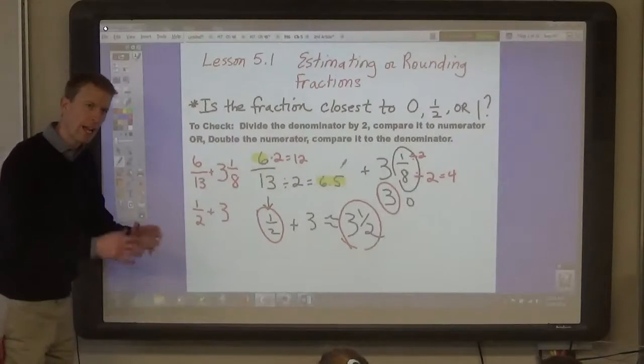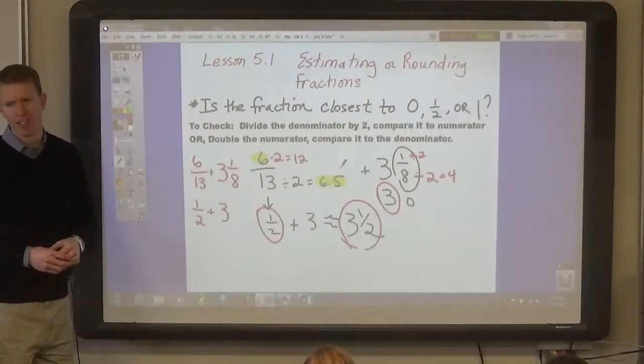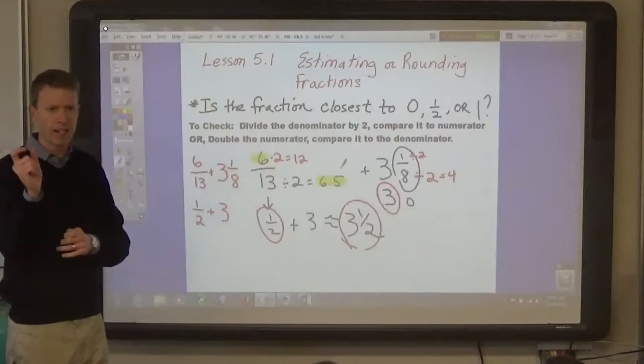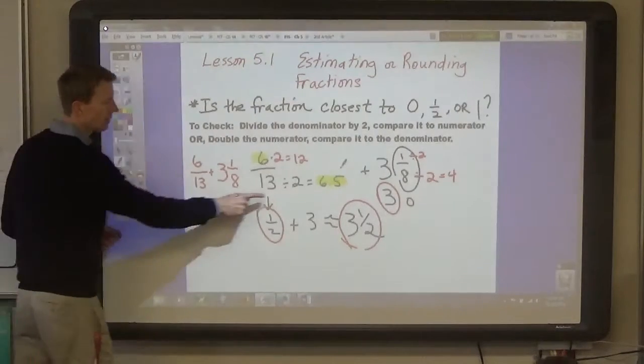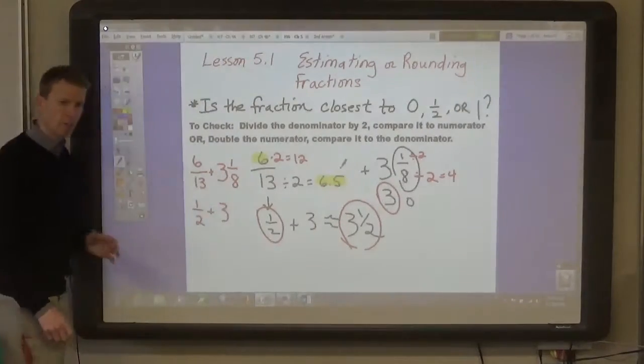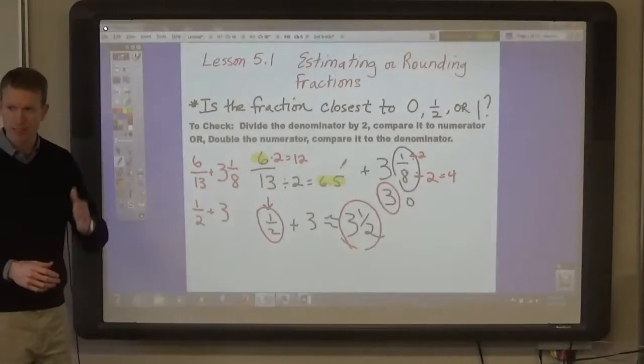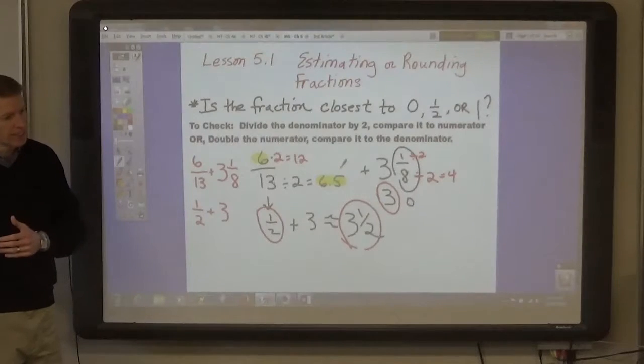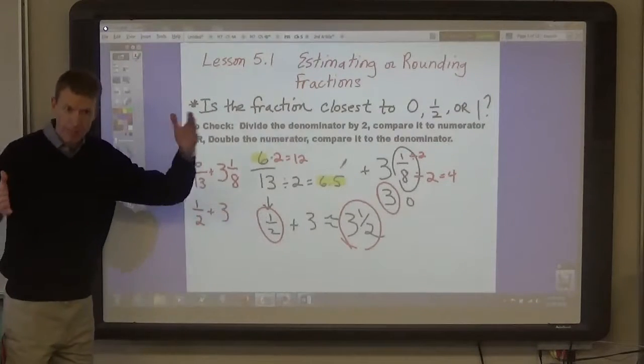So if you think of what is half of 13? Well, it's not an exact number because it's an odd number, right? It's not a whole number. It's 6.5. It's between 6 and 7 because 6 plus 6 is 12 and 7 plus 7 is 14.